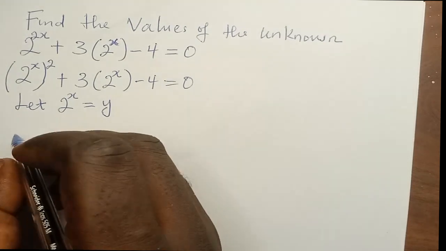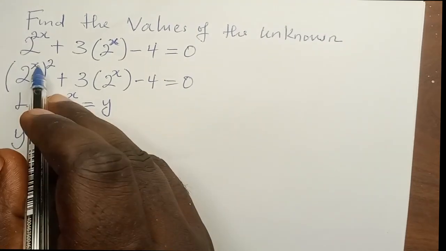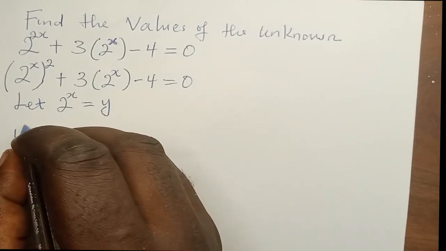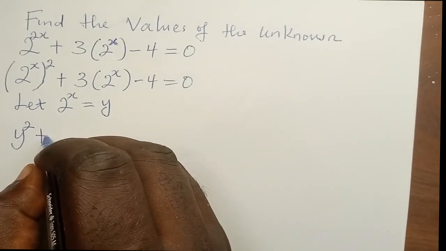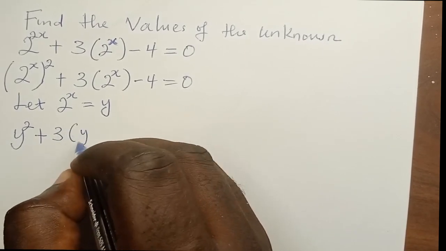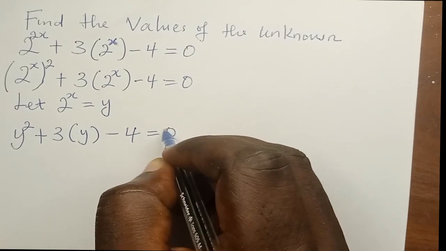So we say y squared, plus 3 in bracket y, minus 4 is equal to 0.